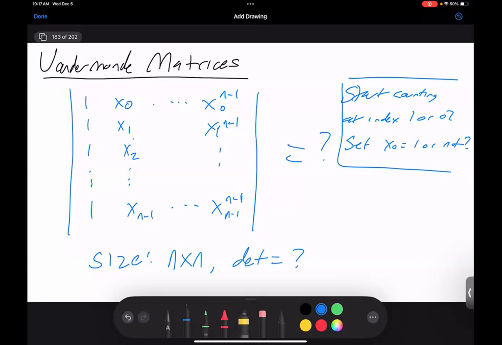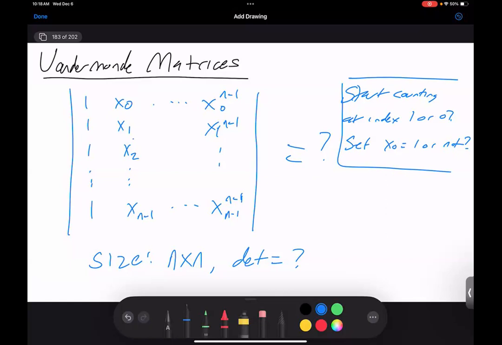Depending on the decisions you make, we've talked a little bit about how you can sometimes adjust your quantities by rescaling without too much of a deal. Whether or not I want to start counting at 0 or 1 is not a big deal, but is there some loss in generality in assuming that x naught is equal to 1? You said that you were looking at it with ones down the first column and the first row.